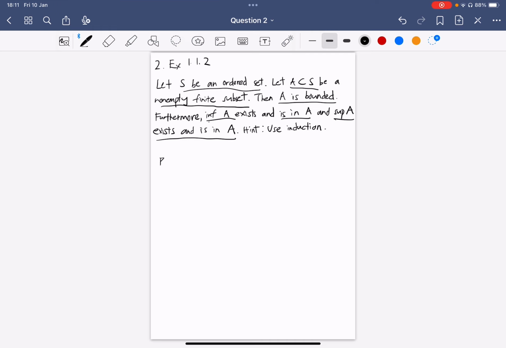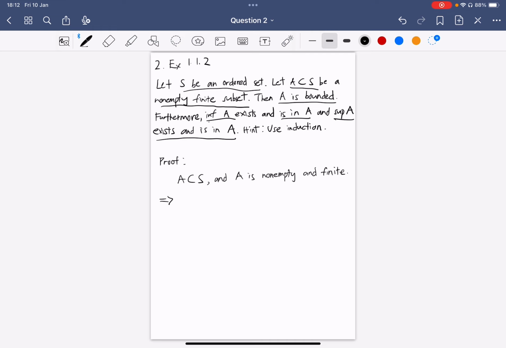So you know that A is a subset of S, and A is non-empty and finite. So what does that mean?